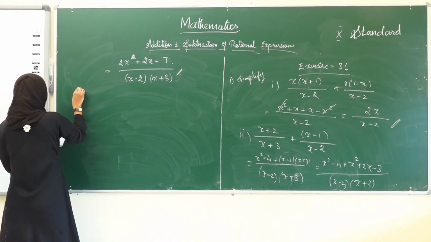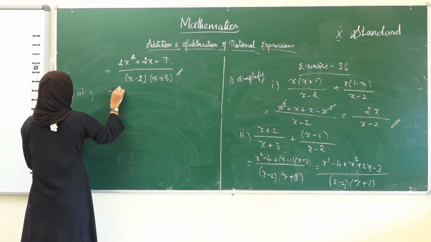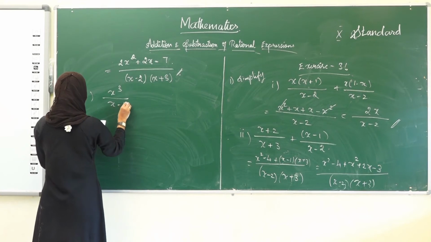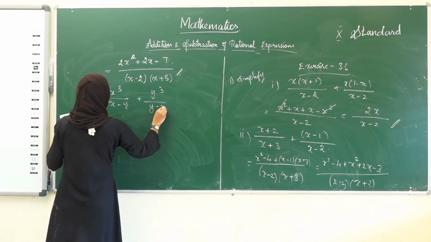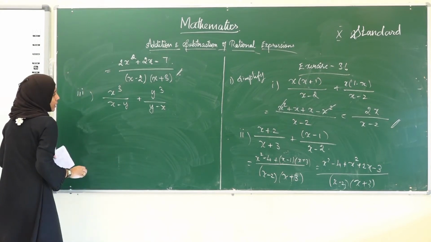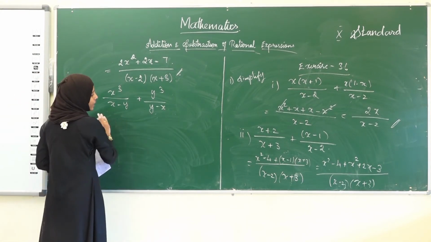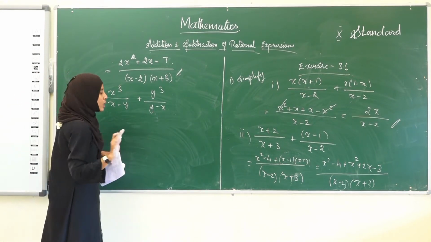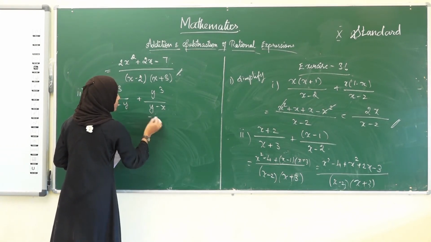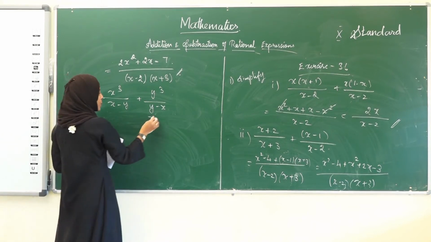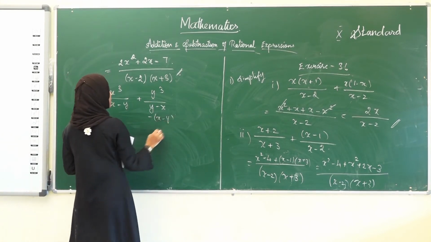Now the third subdivision, that is x cube divided by x minus y plus y cube divided by y minus x. If we see this, the denominators are not the same. But y minus x can be written as minus, when we take minus outside, x minus y.